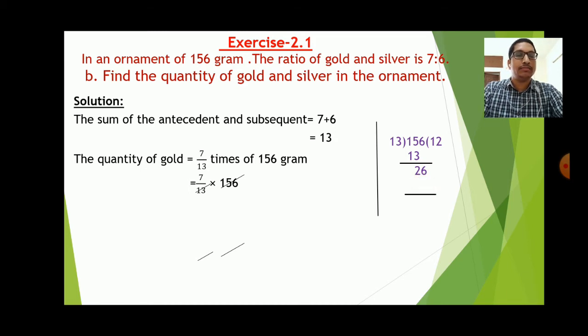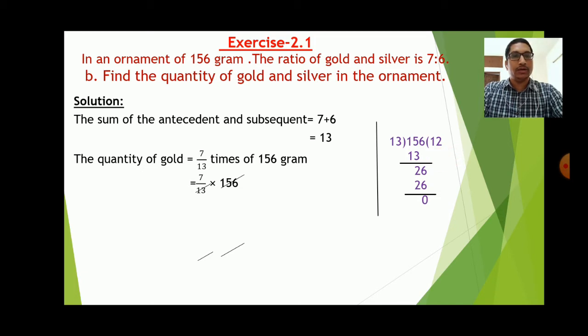Now how many times can we take 13 in 26? Definitely 2 times. So if we take 2 times, then it will be 26. If we subtract, then it will be 0. There is no remainder. That means if we divide 156 by 13, then our answer will be 12.